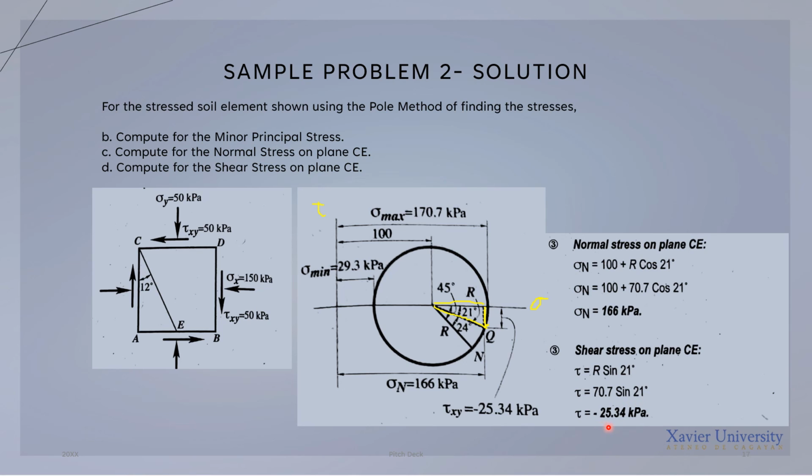Then we have 25.34 kPa, and we included a negative sign in here because it is on the bottom part of our origin, no? If this is our origin, so all the values in here will be negative. So since along y-axis, our point of consideration is in here, so that's why its ordinate will have a negative sign.